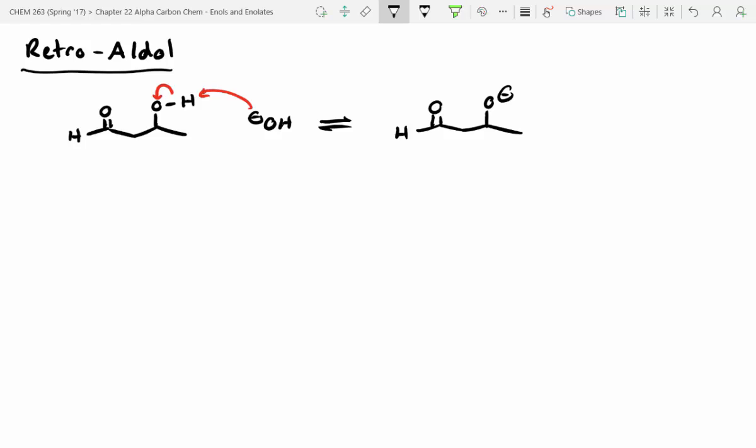And then in the next step, this negative charge can clamp down, and we can actually kick off this carbon as a leaving group. Normally, we don't ever show carbons acting as a leaving group, but in this case, it's allowed simply because we're forming a resonance stabilized enolate.